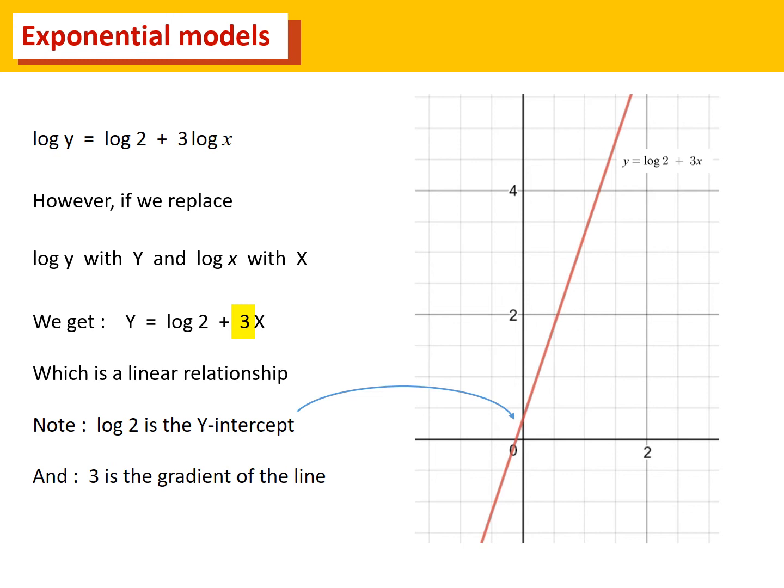Remember what the original relationship was. It was y equals a times x to the n, and this is going to help us find a and n.